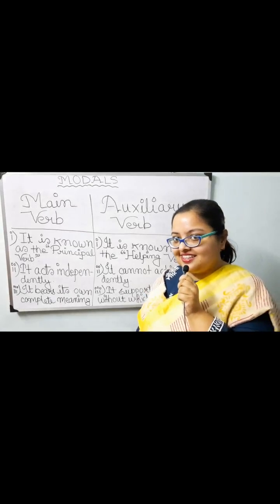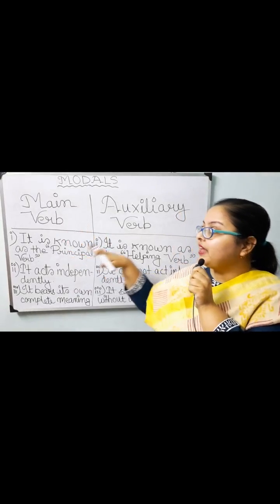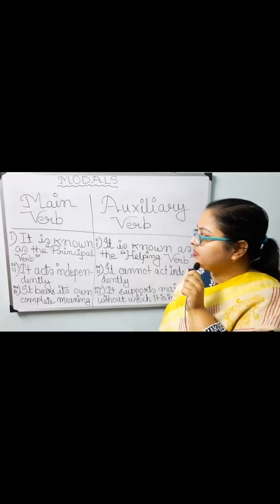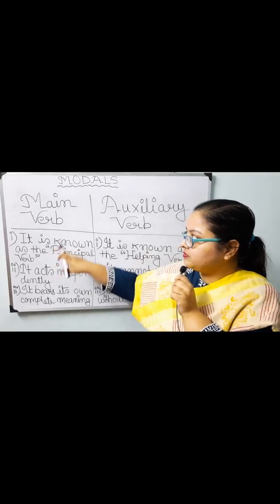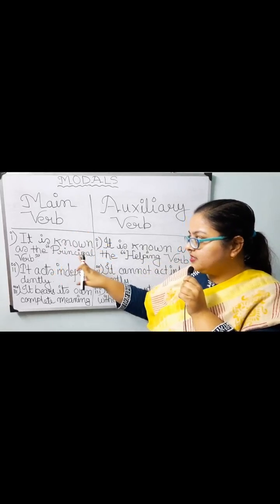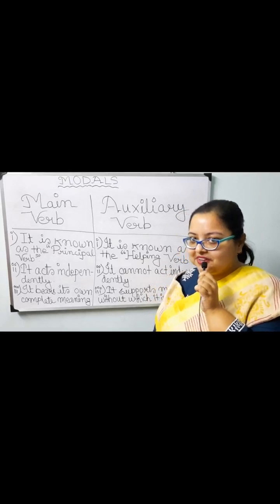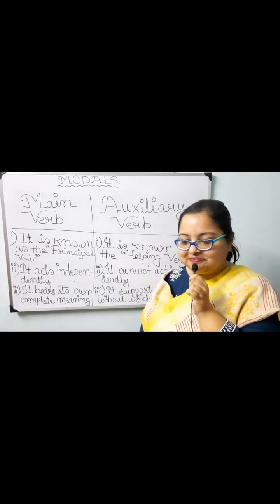Students, next see the differences between main verb and auxiliary verb. Number 1, under main verb: it is known as the principal verb. Now students, you must be aware of your principal ma'am.